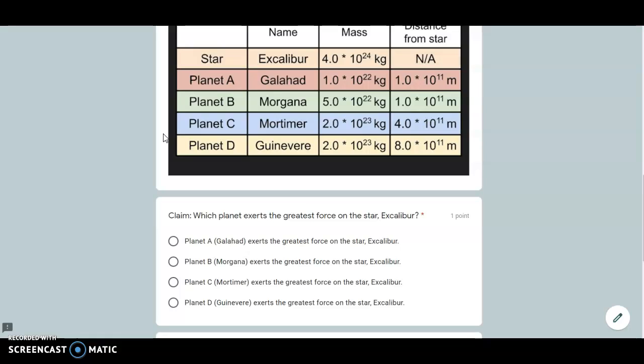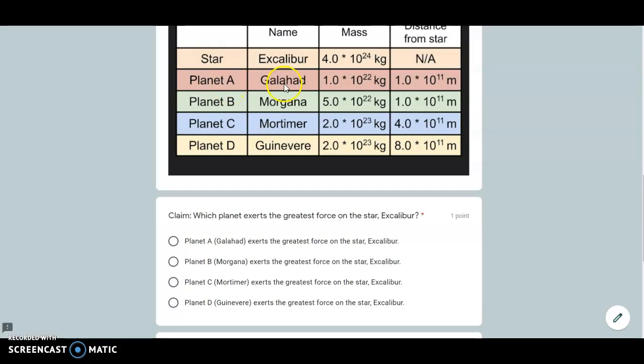Because we know the star is the biggest, they're all orbiting the star, and that is because the star has the greatest mass. Now, we could solve, or we could just look at the data and the picture. Either of those ways is fine as long as we are making our claim and supporting it with evidence and reasoning.